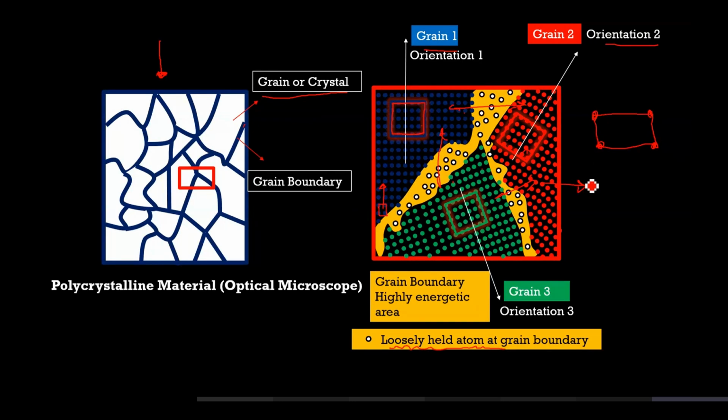This would be your crystal 3. This would be your crystal 1. So grain or crystal, they are interchangeable terms. Where the grains come in contact with each other, they form a region of loosely held atoms, which is known as grain boundary. And atoms at grain boundaries are highly energetic. Clear enough?